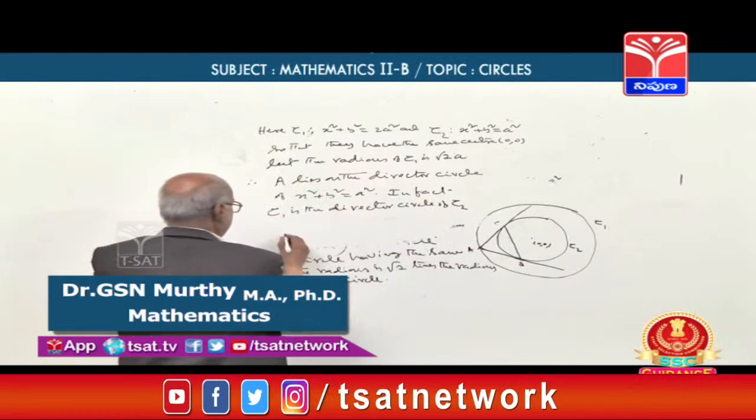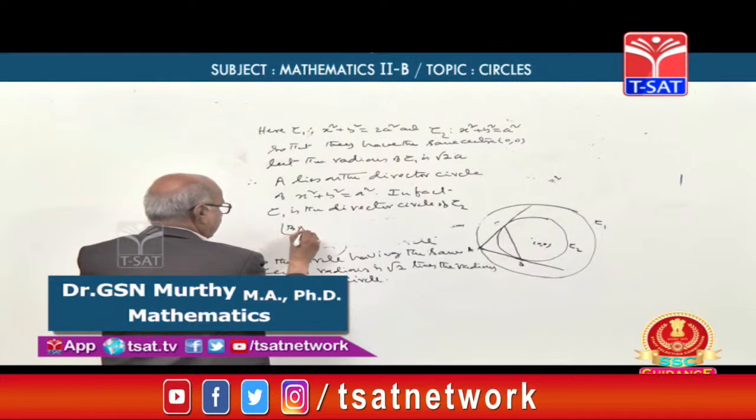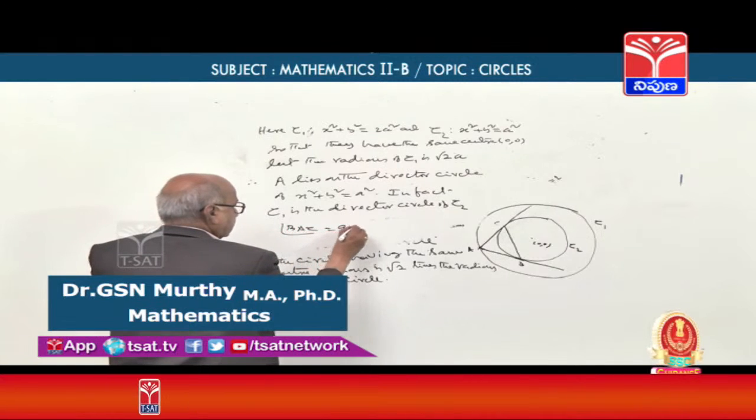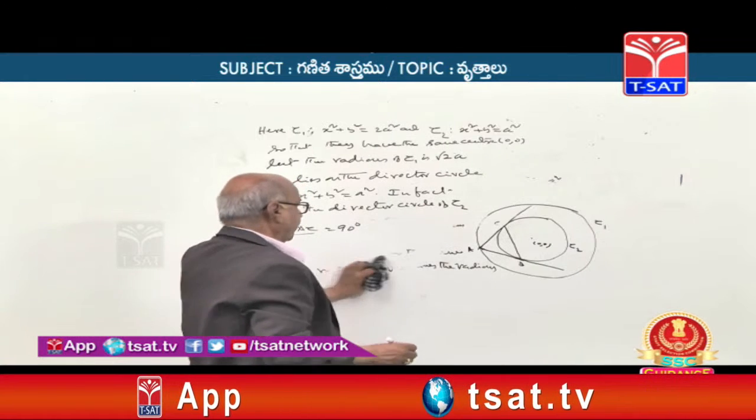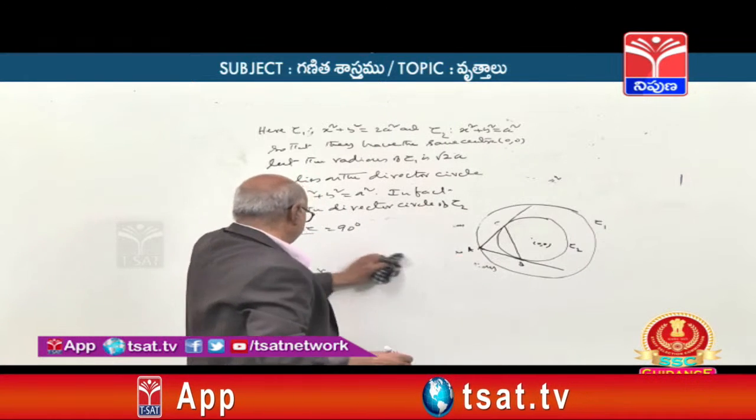So, therefore, angle BAC is equal to 90 degrees, because the director circle is the locus of the point of intersection of perpendicular tangents to the given circle.